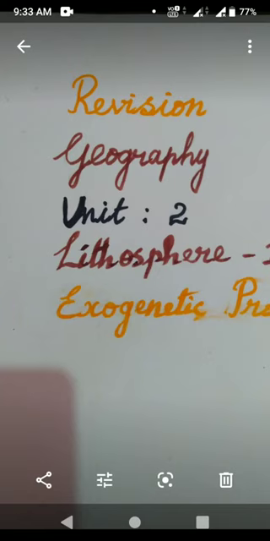Okay. Next, mention the various features formed by wind erosion. Do you know the answer? Some of the erosional landforms of wind are mushroom rock, inselberg, and yardangs. Rocks are made up of hard and soft layers.